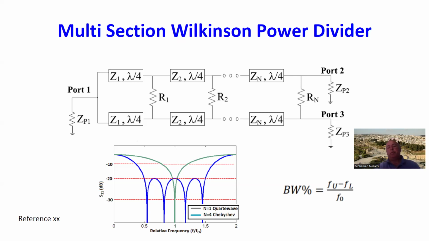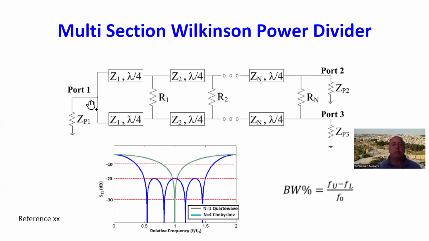But in practice, we really don't have to do that. We just get right to the point where we can use either table lookups or computer-aided design tools. There are various people who wrote apps to do the designs, where you give it the order and it comes up with a table showing you the impedances of these quarter-wave line sections and these isolation resistors as well. And that's what I'm going to do today.